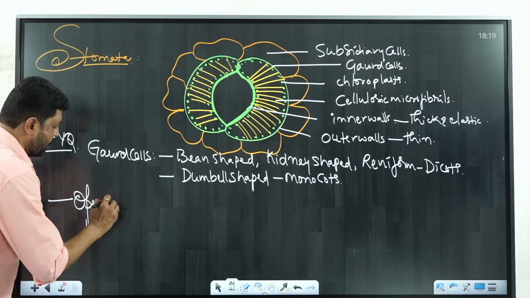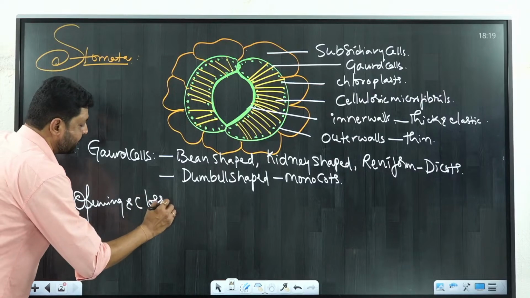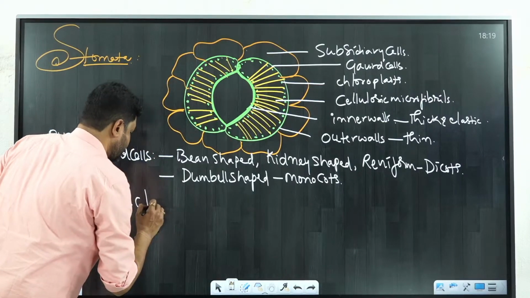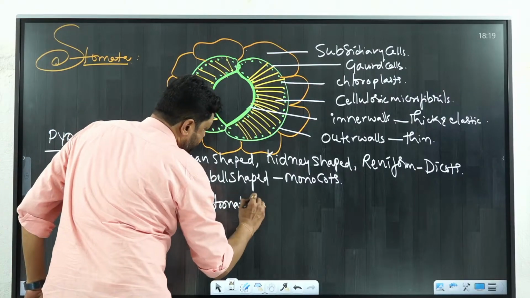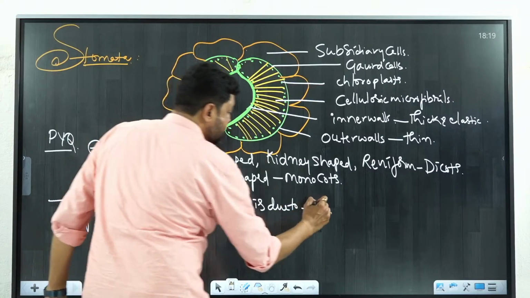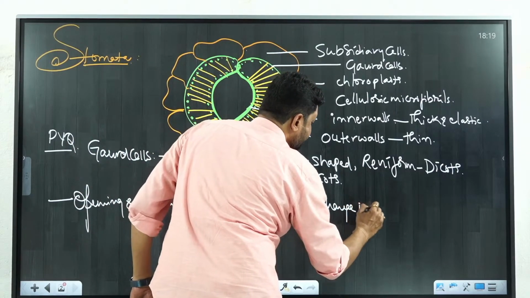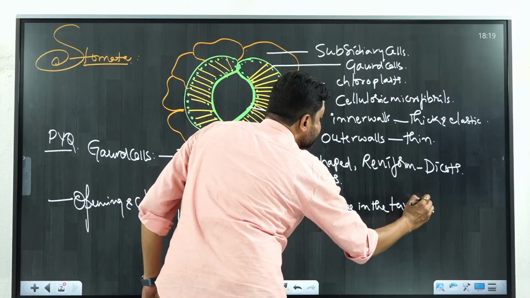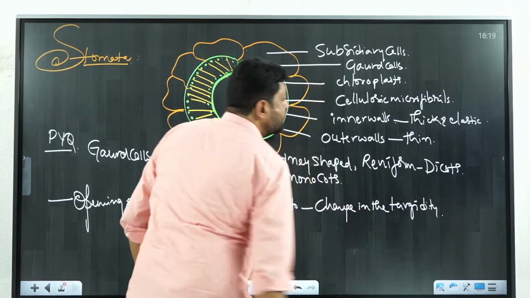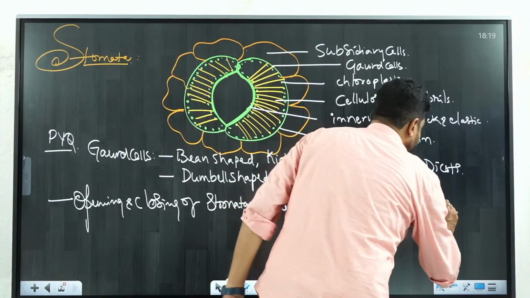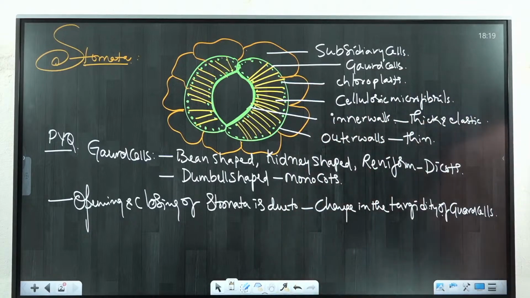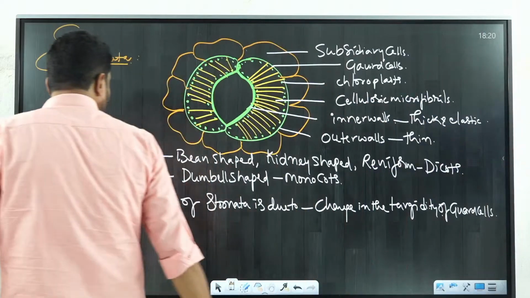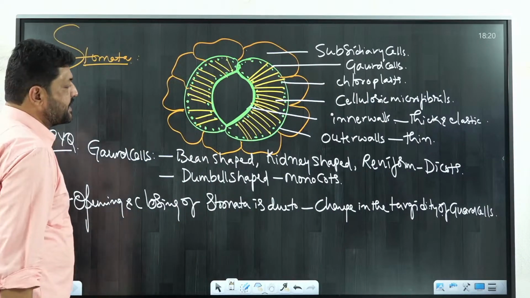Opening and closing of stomata is due to change in the turgidity of guard cells.